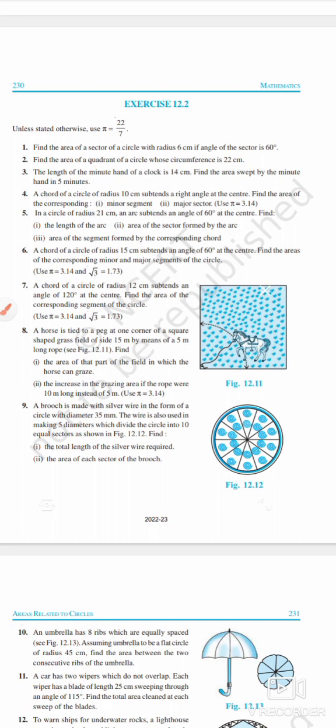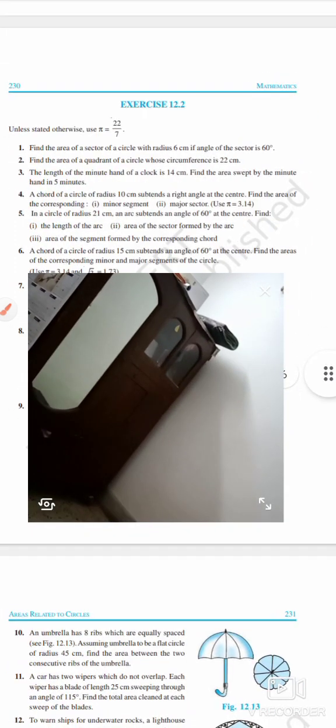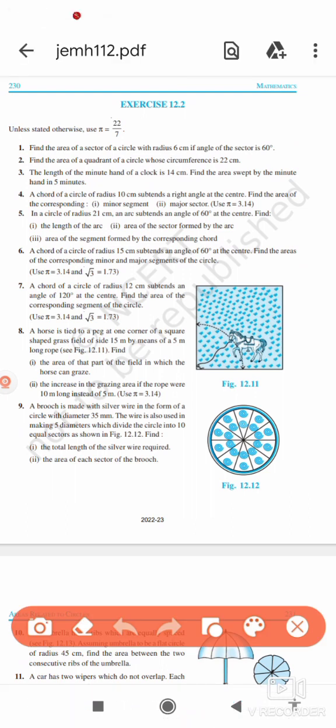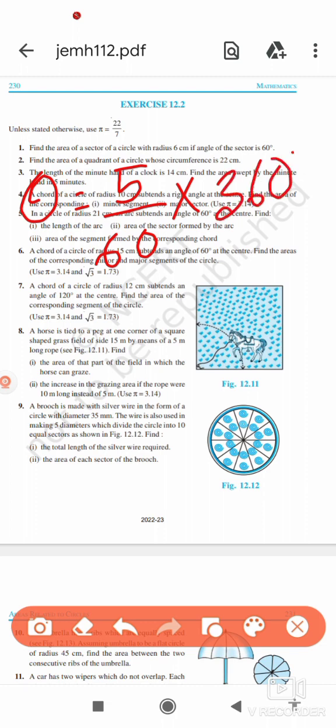So if I want to find theta, theta is how much? So I am finding 5 minutes out of 60 minutes for 360 degree, right? For 360 degree. So it is 30 degree, right? So theta is 30 degree.